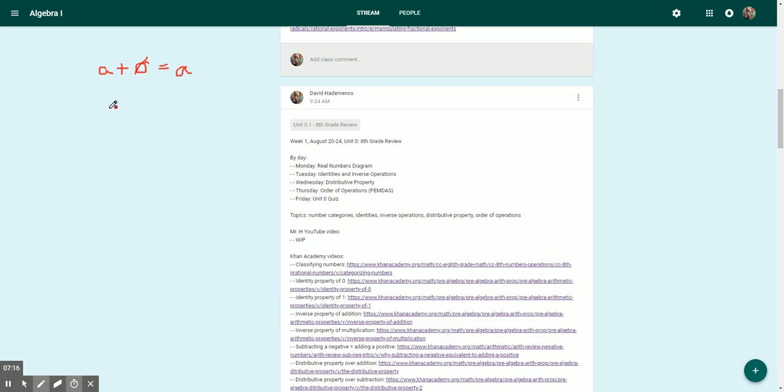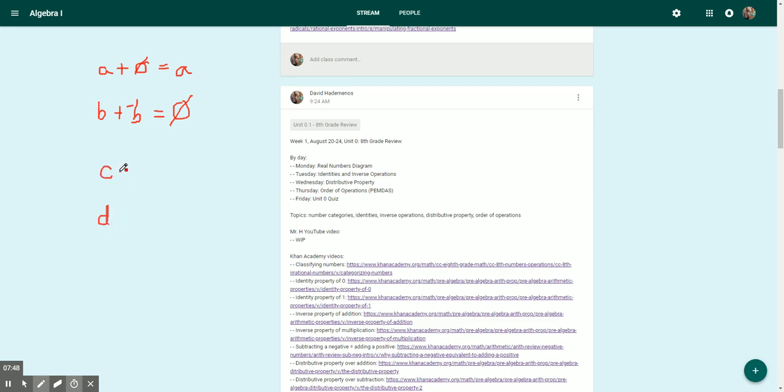And then inverse, if you have a number, just so we don't always think it has to be a, let's use different letters. If we have a number b, and we add its opposite, then we get 0. And this first one is additive identity. The second one is additive inverse. And then multiplicative inverse, we'll get to in a second.